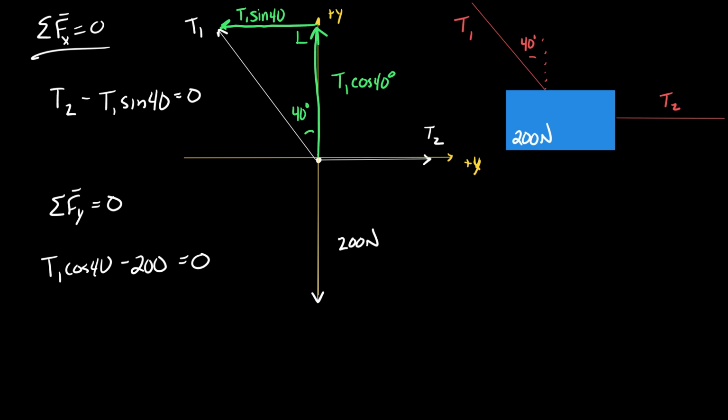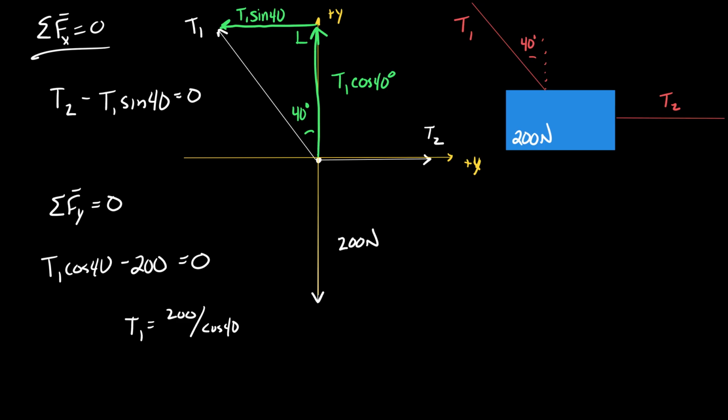Seems like a reasonable plan of attack. This is outside our set of steps, understand. The force concept model generates the relationships. It does not solve the problem. If you have a problem in mind, then you have to find a way to use the relationships you've generated to solve your problem. Hopefully they will. This one does. So T1 equals 200 over cosine 40.